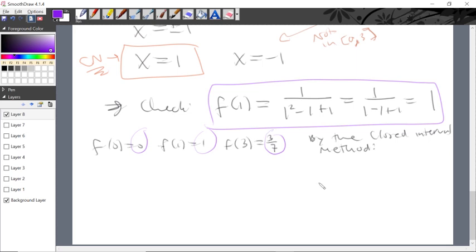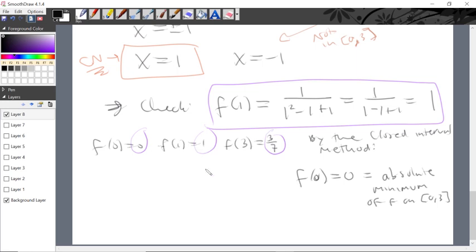So by the closed interval method, that's f of 0, which gave us 0, the smallest of these three is the absolute minimum of f on the closed interval 0 to 3.